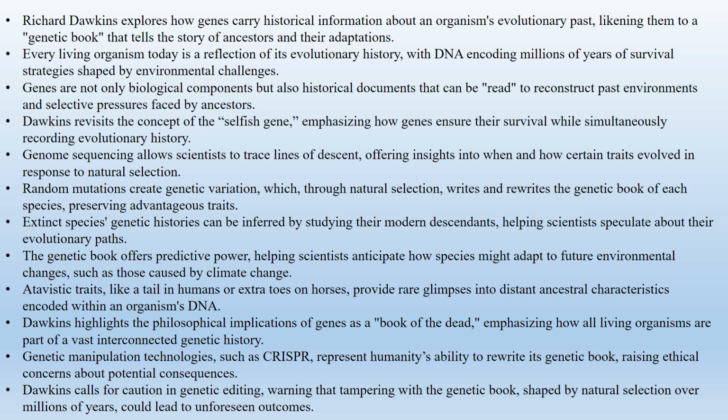Dawkins warns that while this power holds great promise, it also carries significant risks. The genetic book has been written by natural selection over millions of years, and tampering with its contents could have unforeseen consequences. He urges caution and careful consideration as humanity steps into this new era of genetic control.